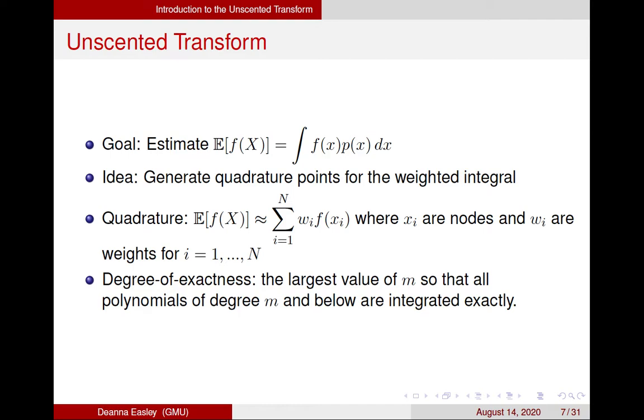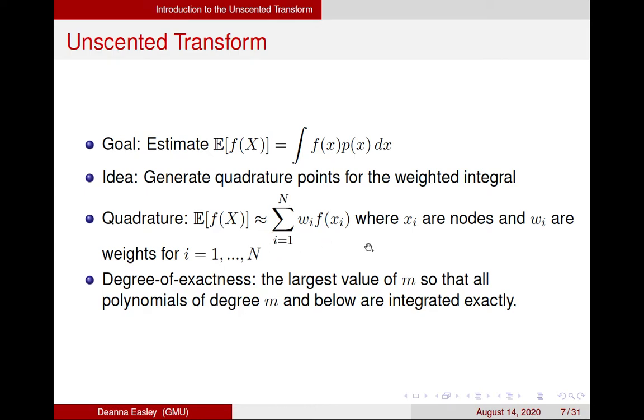Let's go into how the unscented transform works. The goal here is to estimate the expectation of f of x, which is an integral as shown here, where p of x is a probability density function. We can achieve this estimate by designing a quadrature rule to approximate the expectation.